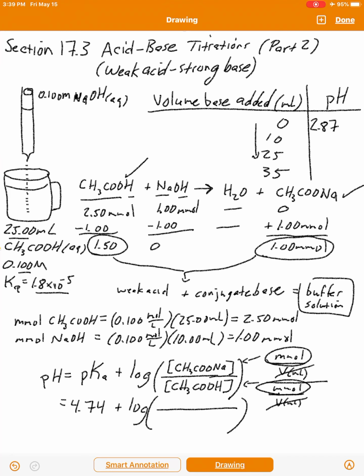So the number of millimoles of the conjugate base is 1, and the number of millimoles of the weak acid is 1.5. That's a nifty little simplification. So 1 over 1.5 is 2/3, 0.667. So all we need is the log of 0.667, add that to 4.74, and you got your answer.